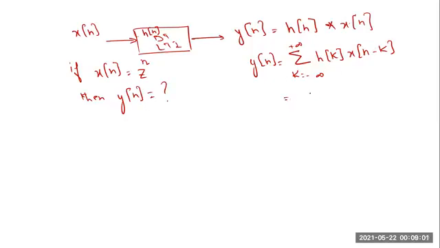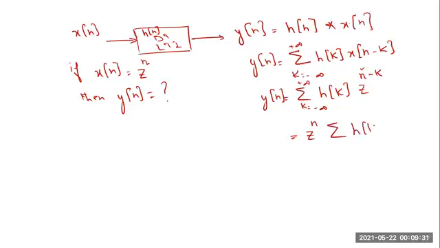I can make use of this convolution expression. For x of n minus k, I need to replace n by n minus k. Again, the summation is with respect to k. So this z to the power n is a constant, and I can take it outside of the summation operator. We are left with h of k, z to the power minus k, where k is from minus infinity to plus infinity.